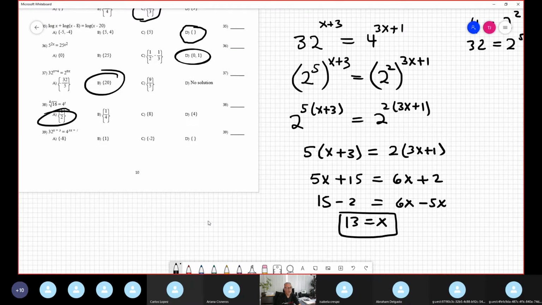Did I make a mistake or not? Do you see some mistake? Let me put it in my calculator. My calculator solves everything. Let's see, 32 power parenthesis x plus 3 equal 4 power parenthesis 3x plus 1.